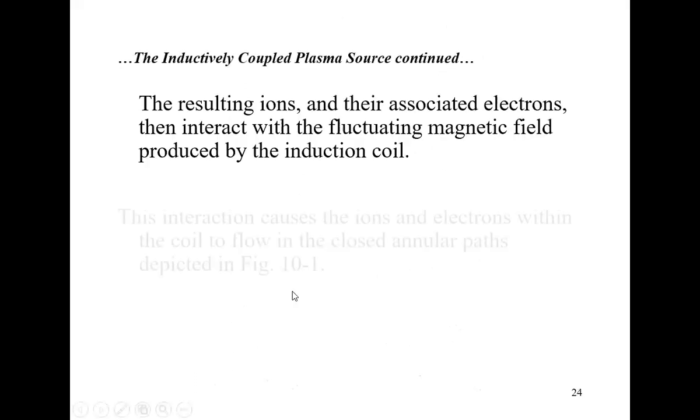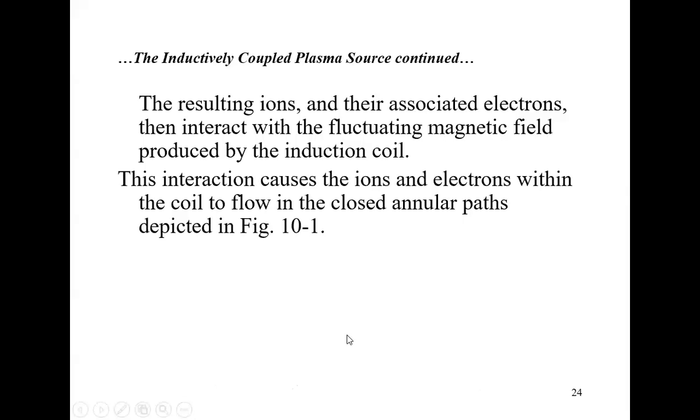So then we are talking about the introduction of the sample into the torch. The resulting ions and the associated electrons usually then interact with the fluctuating magnetic field produced by the induction coil. So you saw that line for the electric field. And the interaction causes the ions and the electrons within the coil to flow in closed annular paths, because you have an electric field.